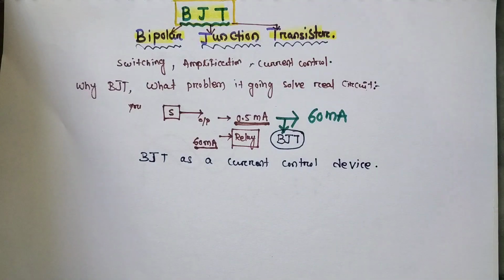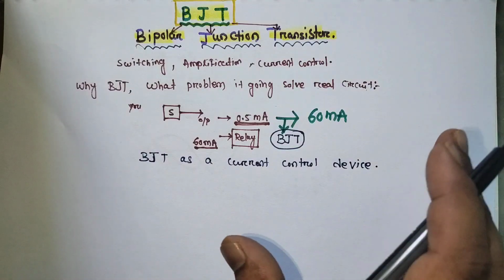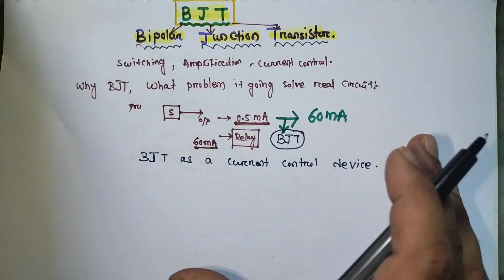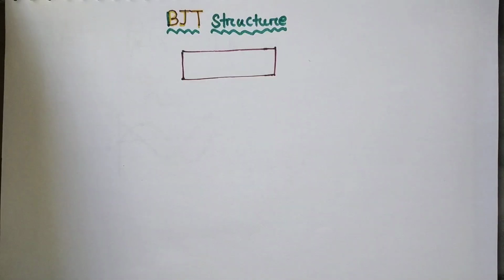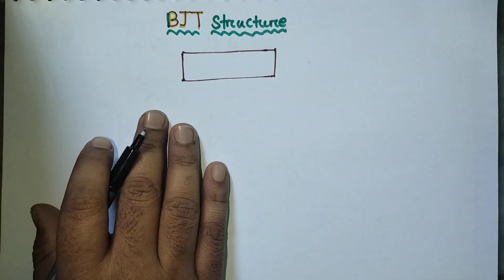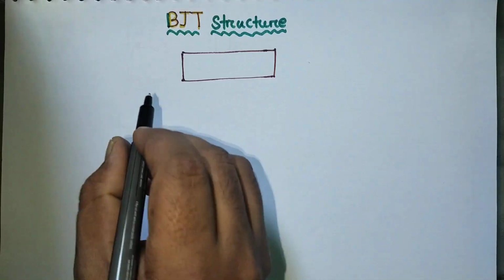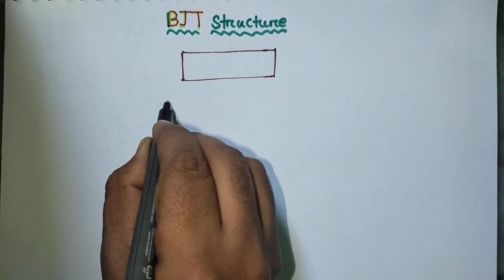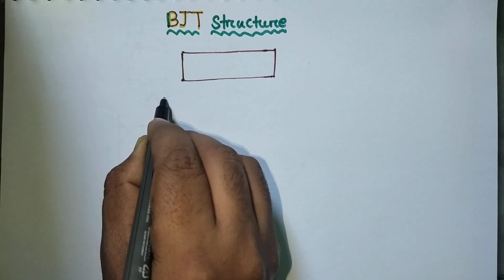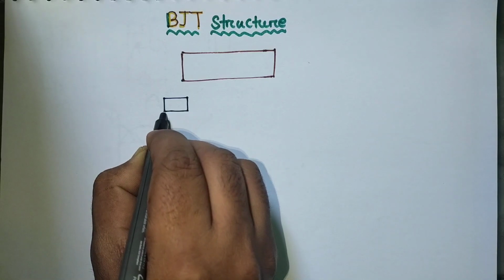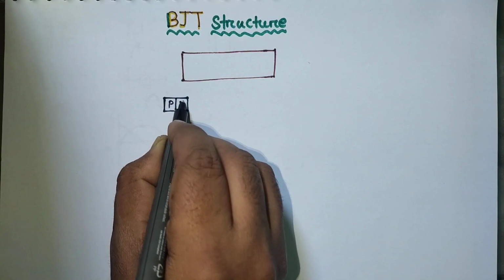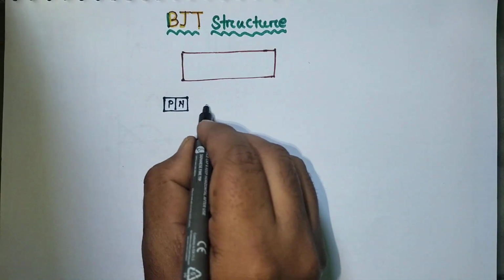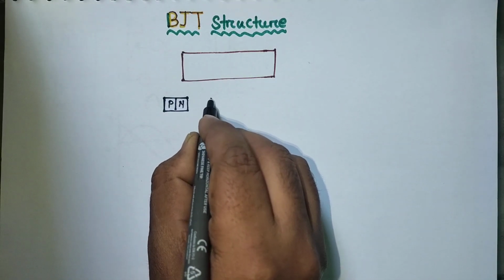Next we are going to know the BJT structure, or how the BJT is formed using semiconductor material. BJT is basically formed from two PN junctions. Suppose we take one PN junction, and another PN junction.